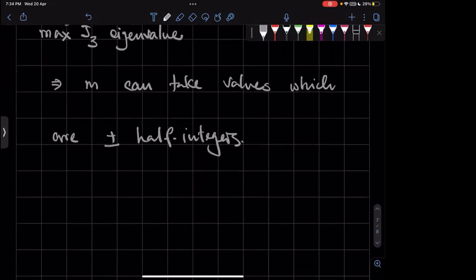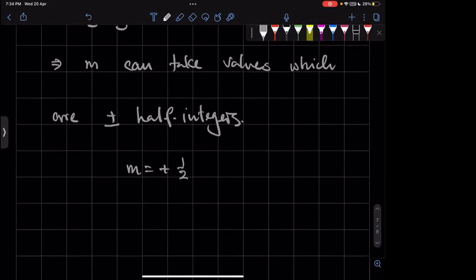So for example, if you start with a highest M eigenvalue, say plus half, if you apply the lowering operator, you should get to minus half, right?